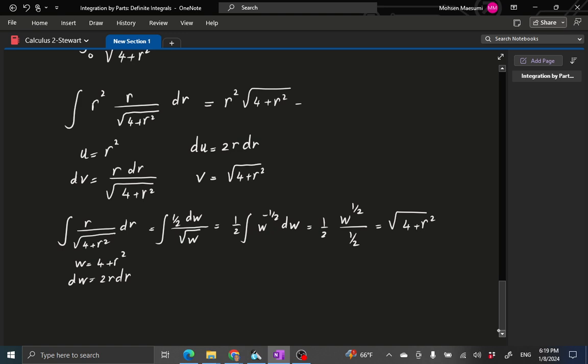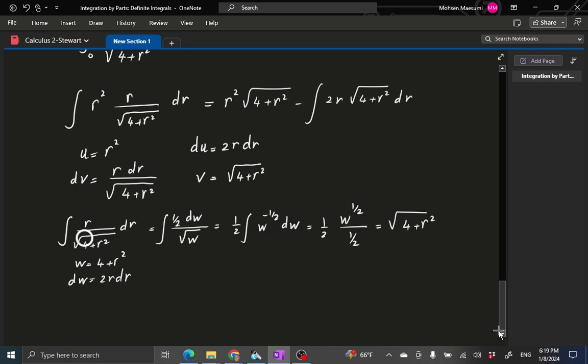Minus v du, that's going to be 2, I write the simple portion first, 2r times radical 4 plus r squared dr. So this is u dv, excuse me, v du. I wrote the pieces in the traditional style, which is smaller items first and more complex items later on. Now I have to calculate that integral.